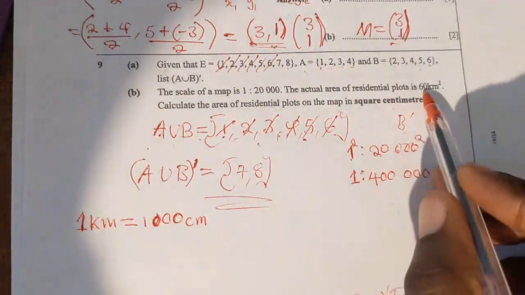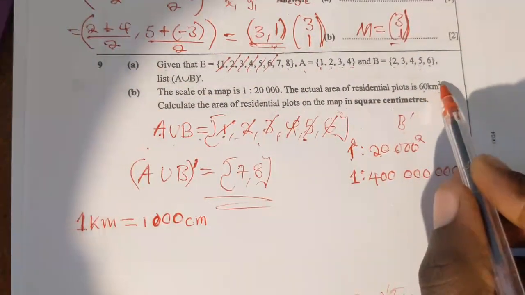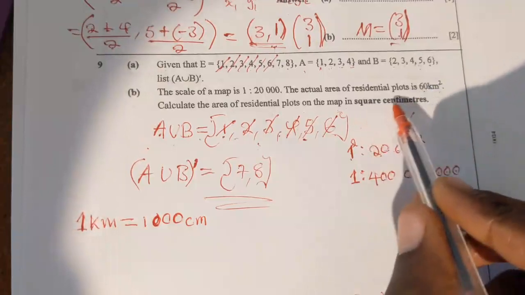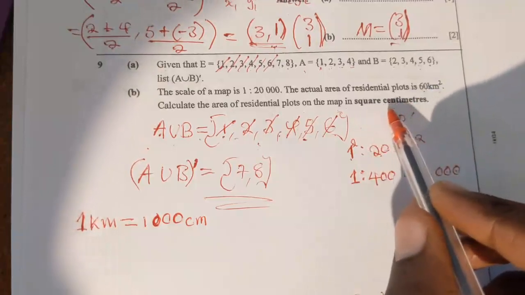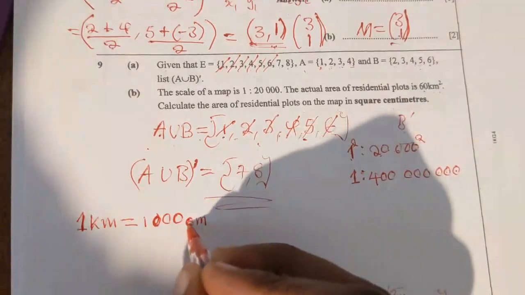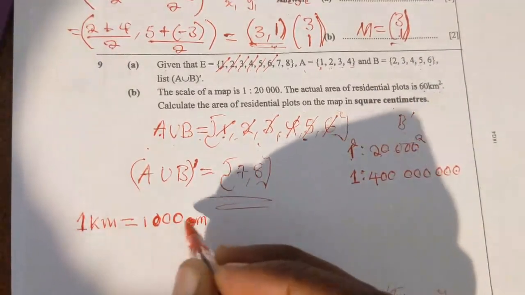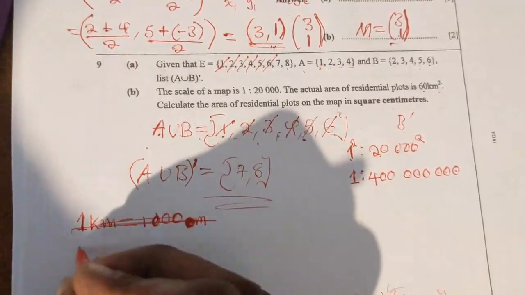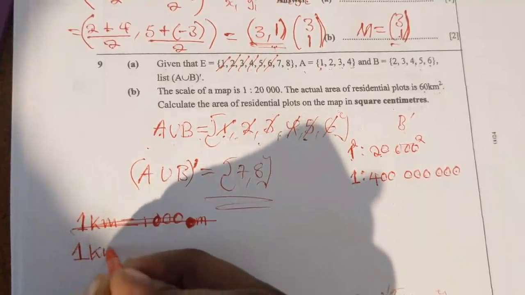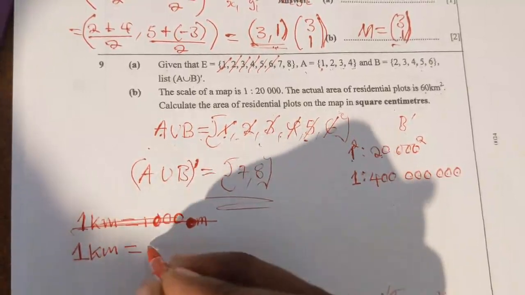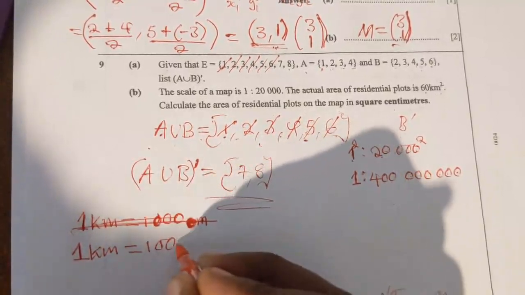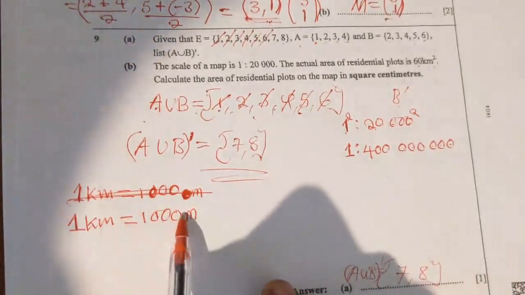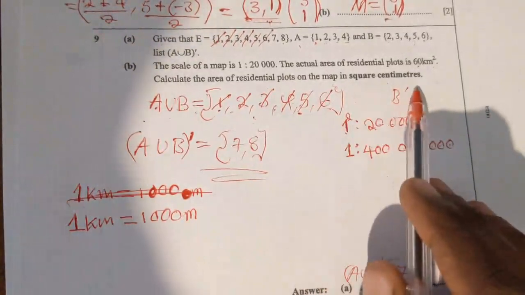But if you look at this area, it is squared. Oh sorry, here it is meters, I'm sorry. Let me just write it again. So 1 kilometer is equal to 1000 meters. So you have to convert first to meters before you can go to centimeters.